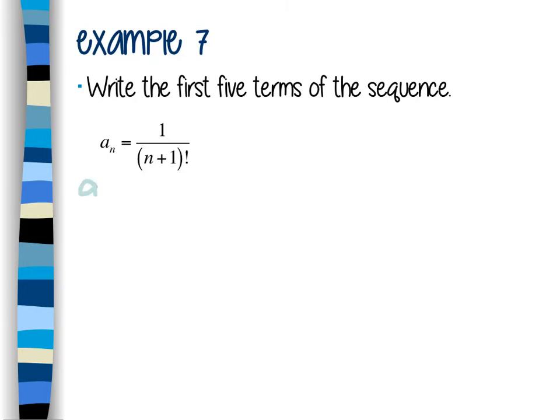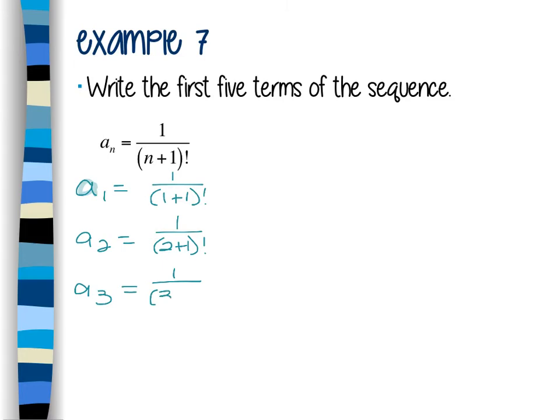So a sub 1 would now be 1 over 1 plus 1 factorial. A sub 2, 1 over 2 plus 1 factorial. A sub 3, 3 plus 1 factorial. A sub 4, and a sub 5.